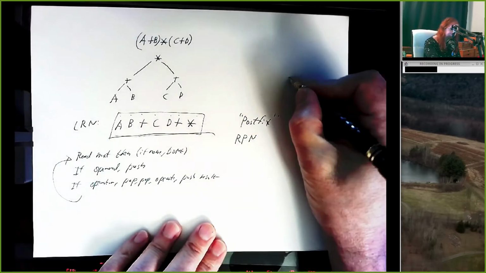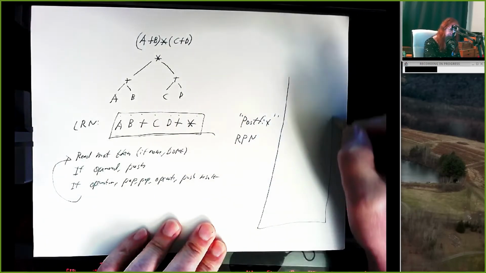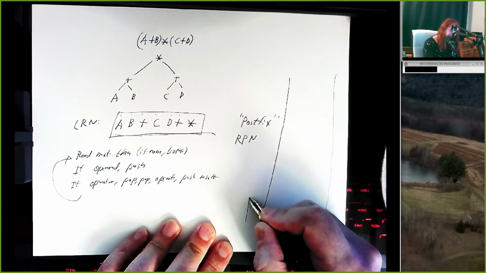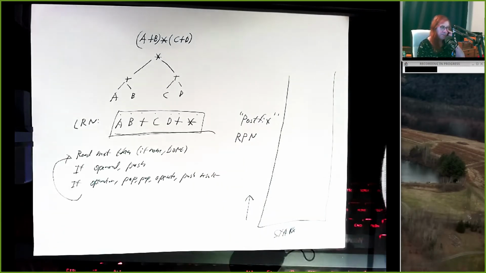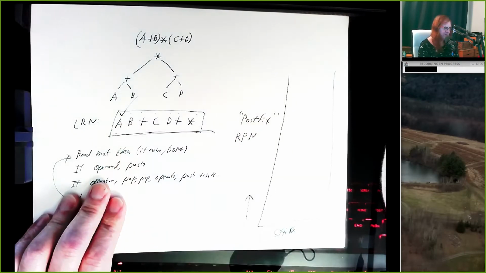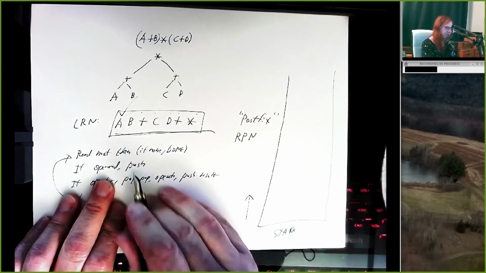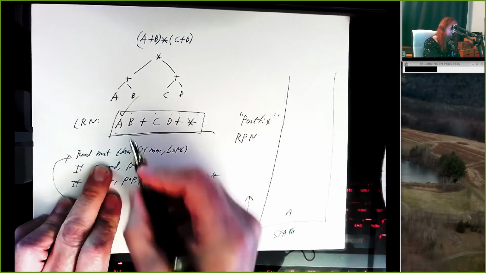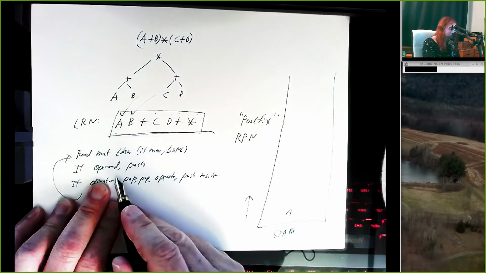So let's make a picture of the stack. So here's our stack, and we're going to grow in that direction. Let's read the first character of our input. That's the letter A. That's an operand. We're going to push it. So we push an A on the stack. Go back to the top, read the next token. That's a B. That's also an operand.